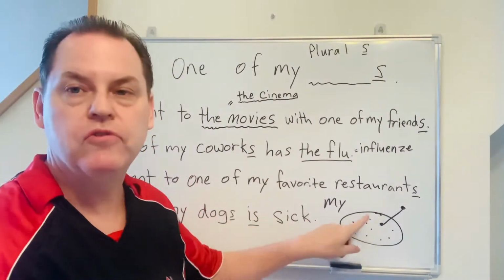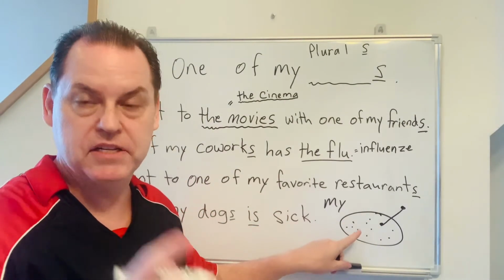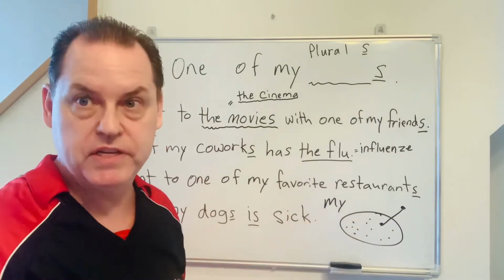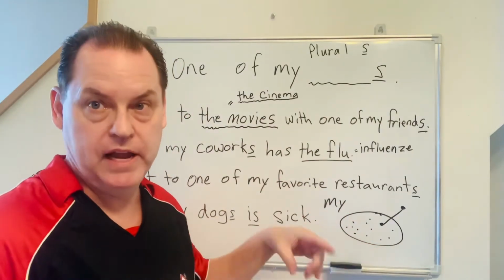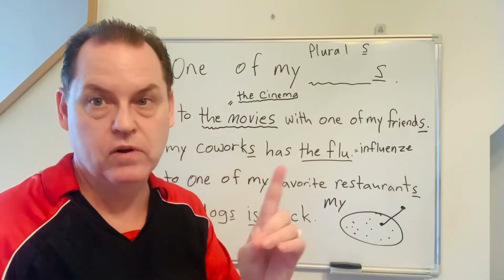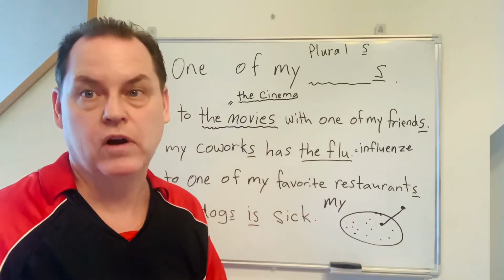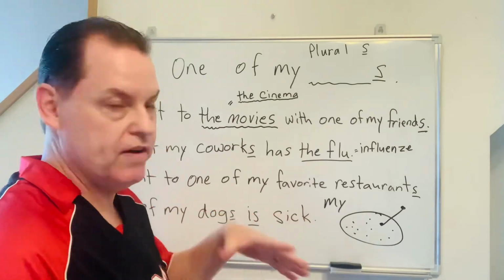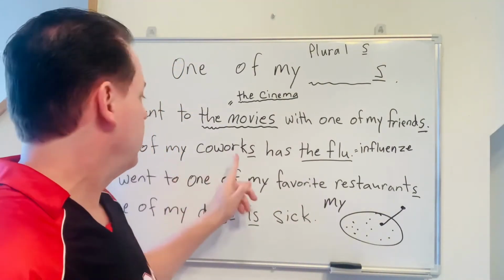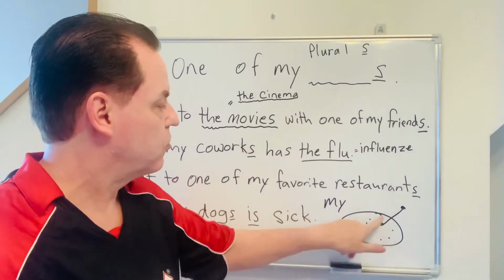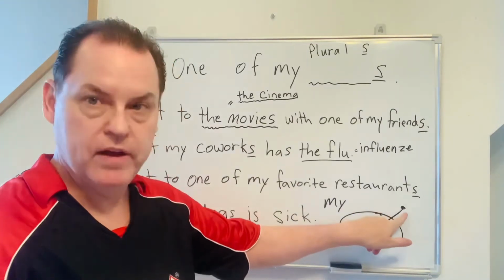Coworkers. You have a few coworkers, right? Not just one. If you just have one coworker, you can say my coworker. But if you have more than one, one of my coworkers. So all of your coworkers and one of them.